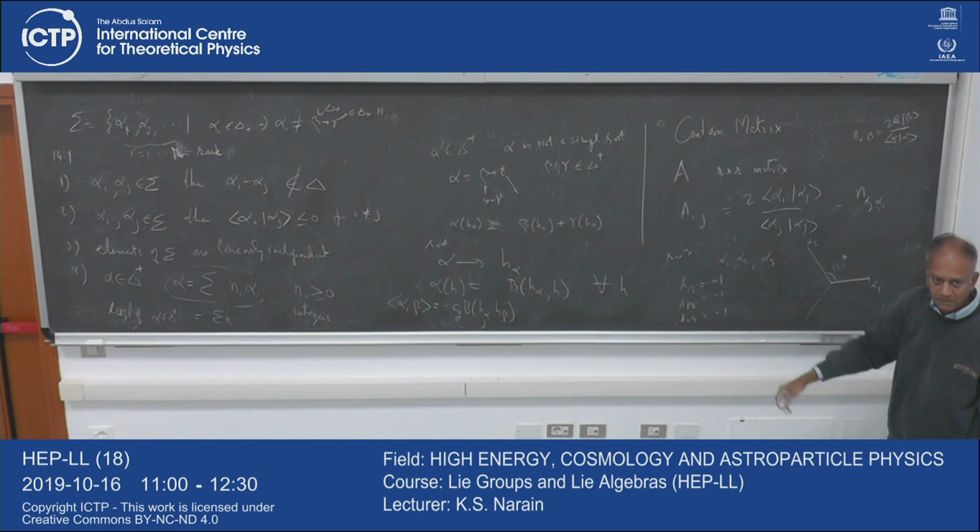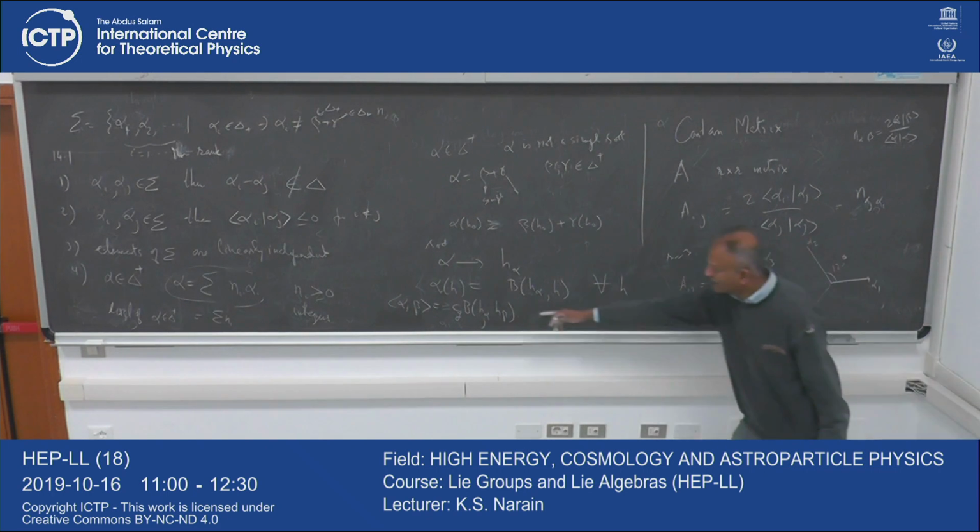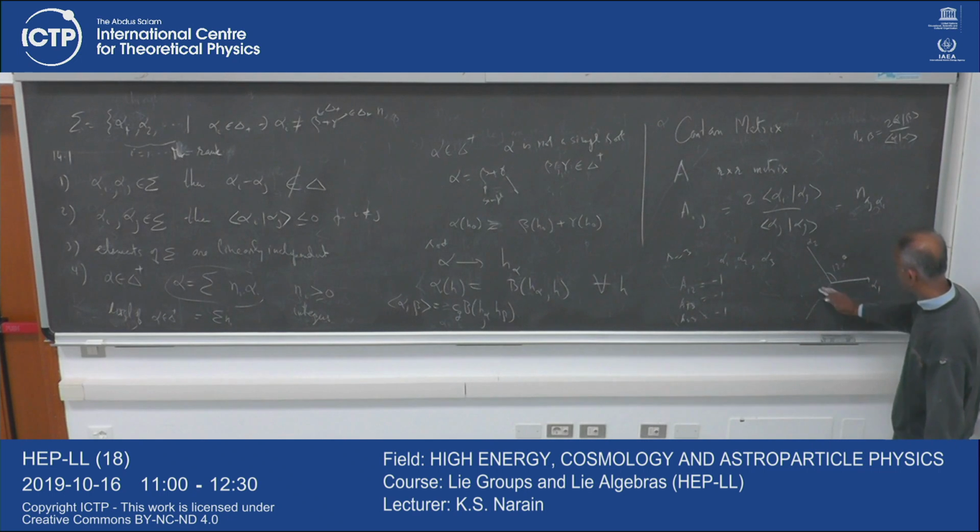Those constants will disappear from that. If I take the SU3 and change the constant, that angle will still be 120 degrees. It is just that you're changing the length. Overall scaling of this, that is all. It doesn't do anything more.